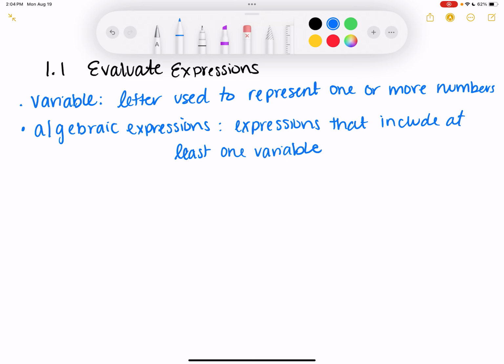Also, sometimes I use abbreviations for things and I forget that people don't know what my abbreviations are. So if I ever write something and you're like, what does that mean? Just stop me and ask, because that happens a lot. An example of an algebraic expression would be like 3x minus 2.